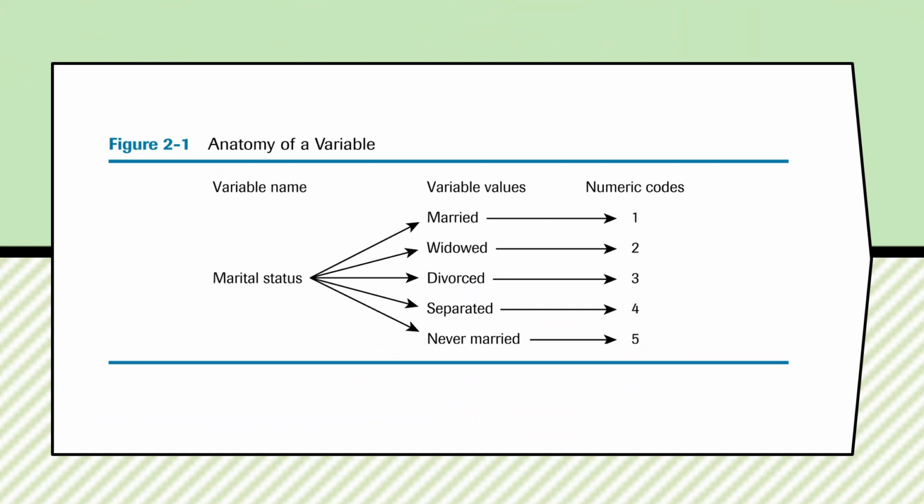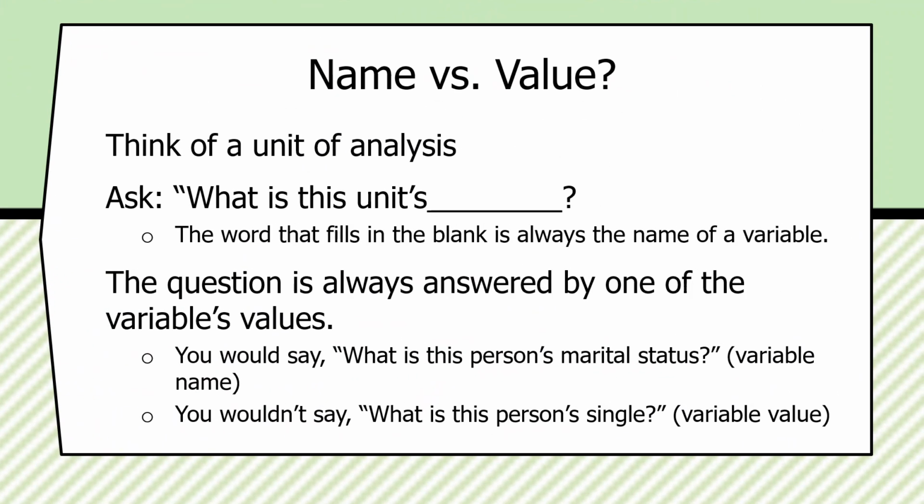Well, here's another confusion. I find students are sometimes confused by the distinction between a variable name and a variable's values. And here's a little heuristic you can use. Think of a unit of analysis. So if you're thinking about marital status and you're studying people, you would say, what is this unit's blank? In the specific case, what is this person's blank? The word that goes in the blank is always the name of a variable.